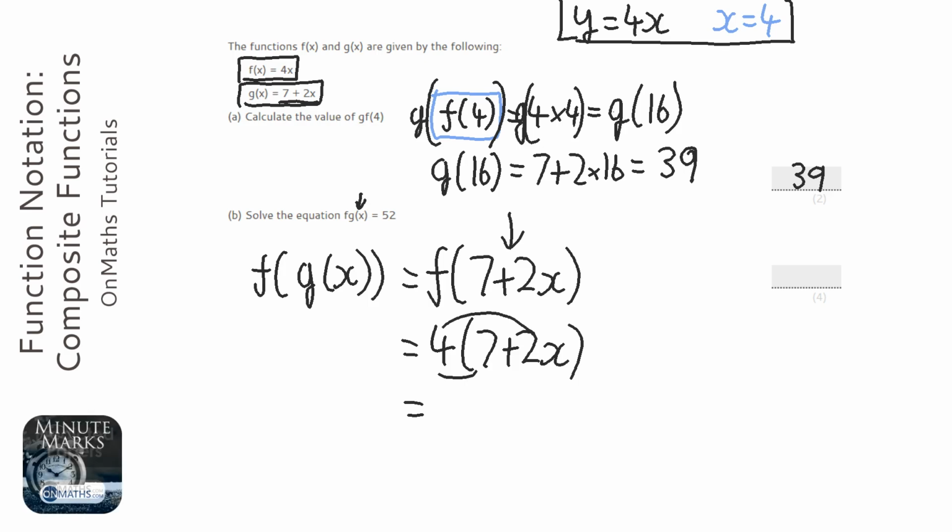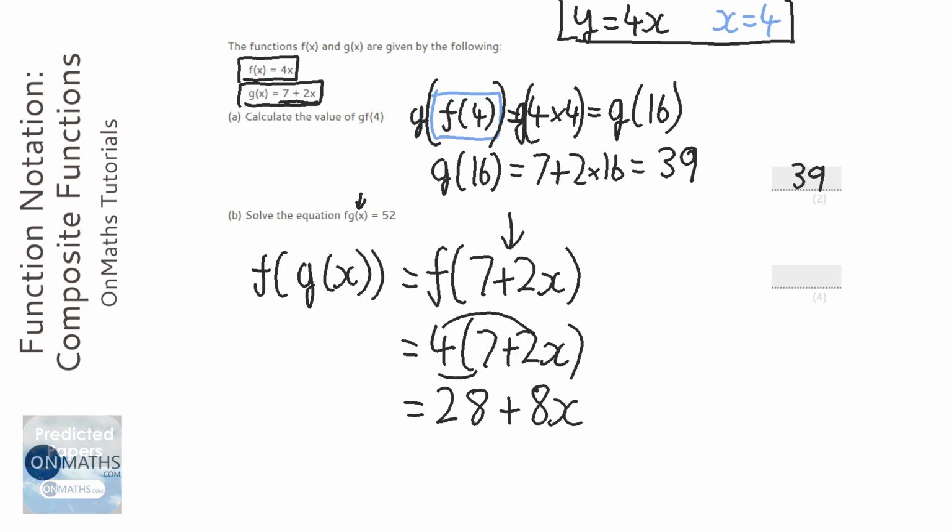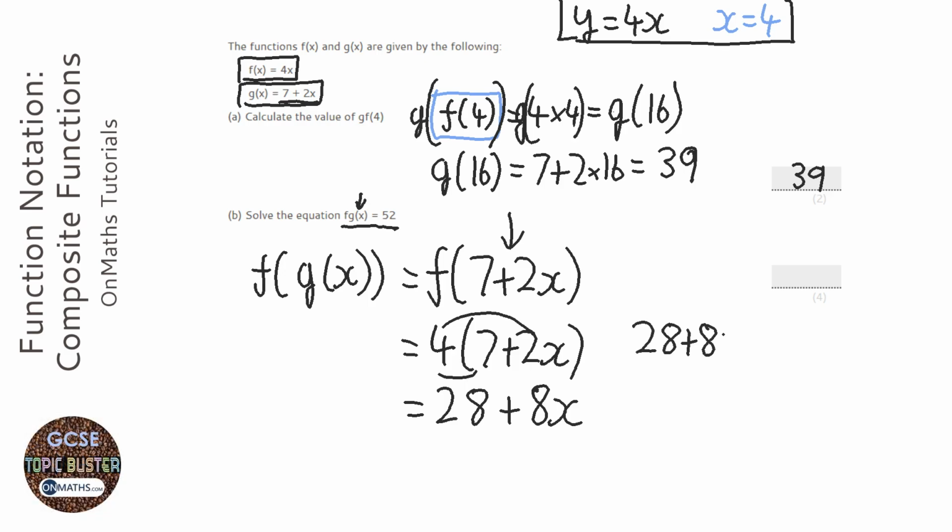So 4 times 7 is 28, plus 4 times 2 is 8x. Now there's an equation here which I've ignored up until now, but we need to write it now. So it says that 28 plus 8x, which is fg of x, equals 52.